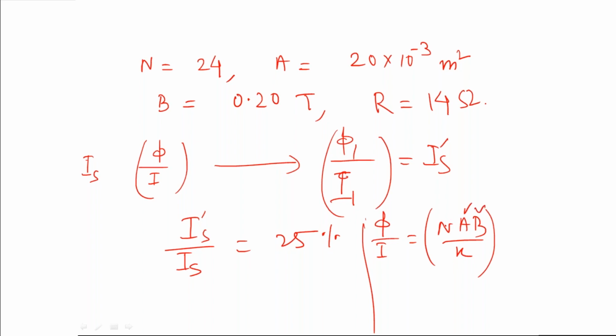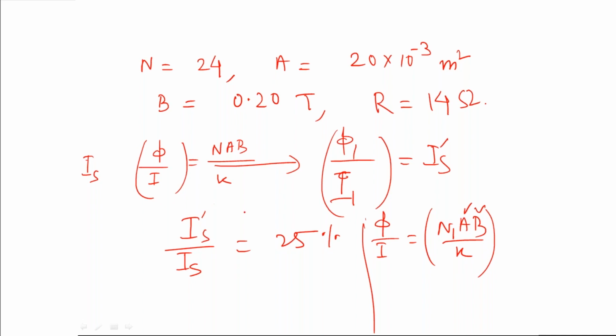So what can be changed is the number of turns. So now let us see. I write this N as N1, and the others are the same. In this case, it was N A B by K.